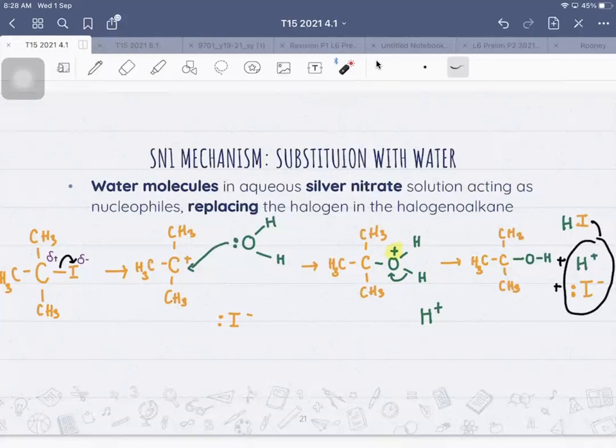And that is also how you lose one of the O-H bonds in water, just like how you lose one of the N-H bonds in ammonia. Okay, so please let me know when you're done copying down.